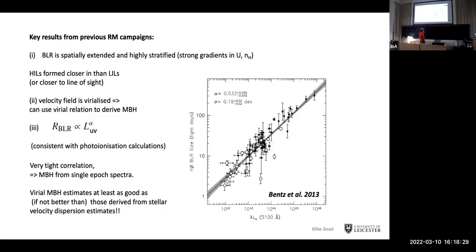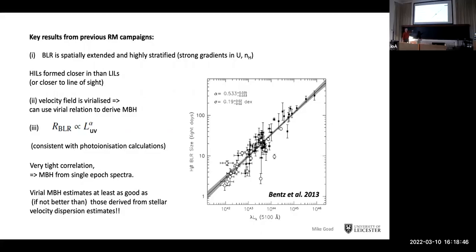With the caveat that this isn't the driving continuum again. And in fact, if you actually look at the driving continuum, you see an even better correlation, near 0.5. So the broad-line region scales as the UV luminosity to some power of alpha. In this case, we can substitute the 5100.